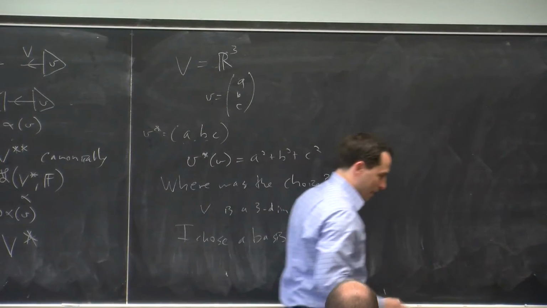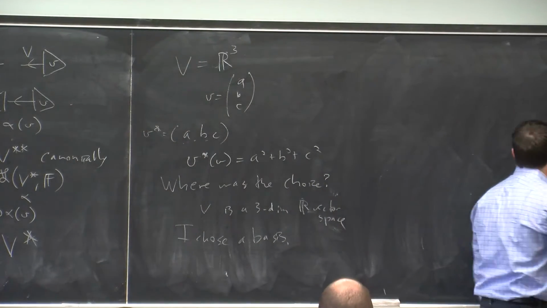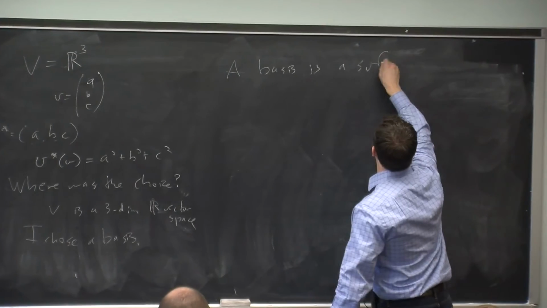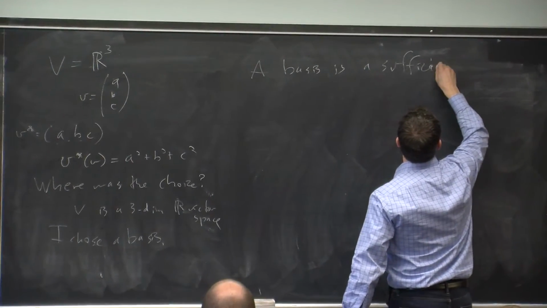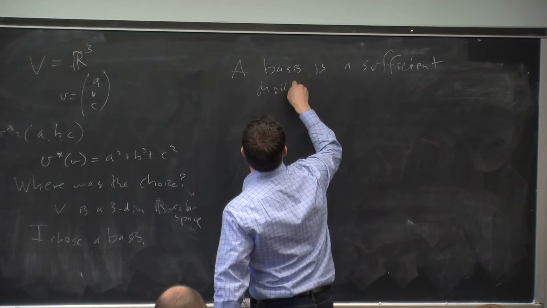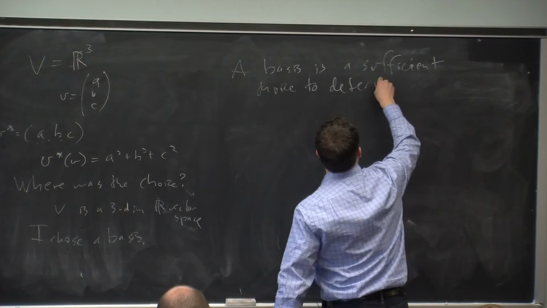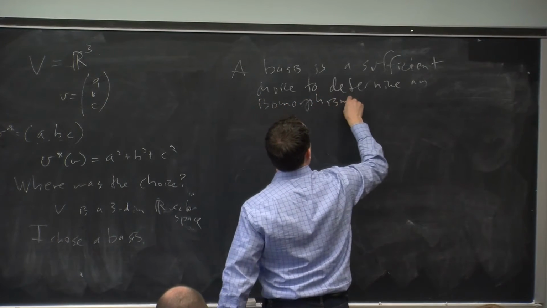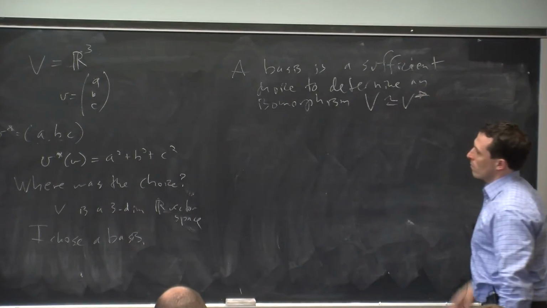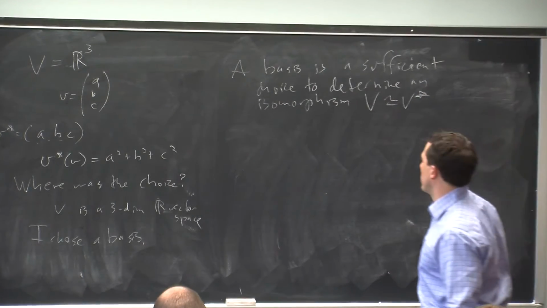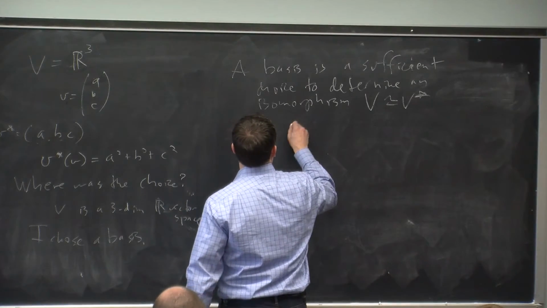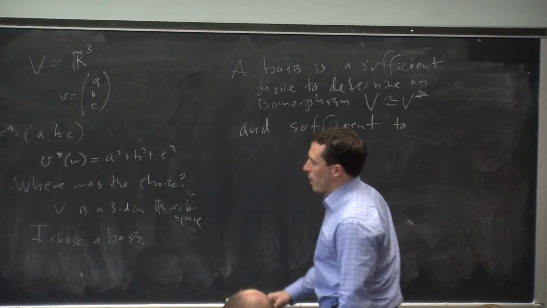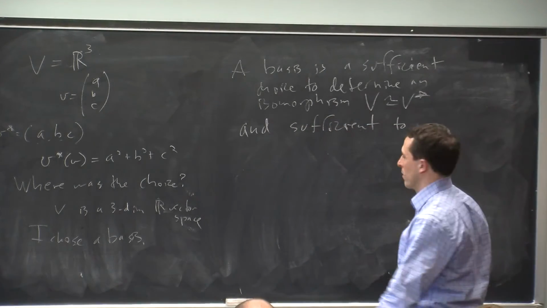So it turns out, as that example shows, that a basis is a sufficient choice to determine an isomorphism V to V star. It's also a sufficient choice to answer the question, what is the length of something, right?